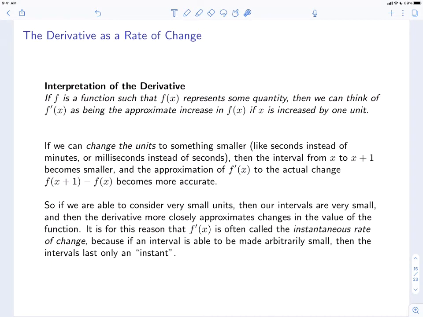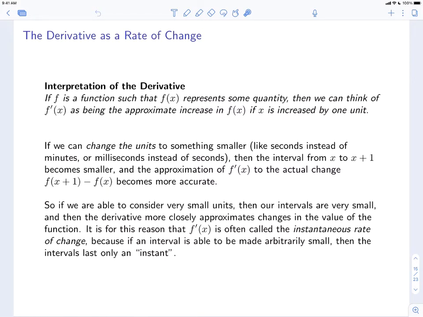We can think of the derivative as a rate of change. If f is a function such that f at x represents some quantity, then we can think of f prime at x as being the approximate increase in f if x is increased by 1 unit. If we change the units to something smaller, like seconds instead of minutes or milliseconds instead of seconds, then the interval from x to x plus 1 unit becomes smaller, and the approximation of f prime at x to the actual change, which is the difference between f at x plus 1 and f at x, becomes more accurate.